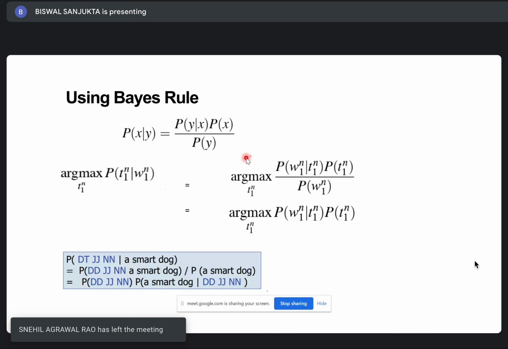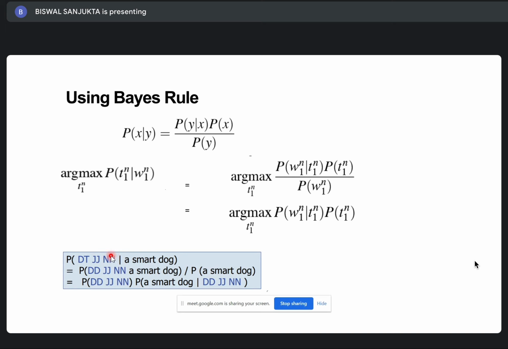Sorry, so for example, let's say I have a sentence, a smart dog. Someone says, can you tell me whether a smart dog will be DT JJ NN or DT NN NN?